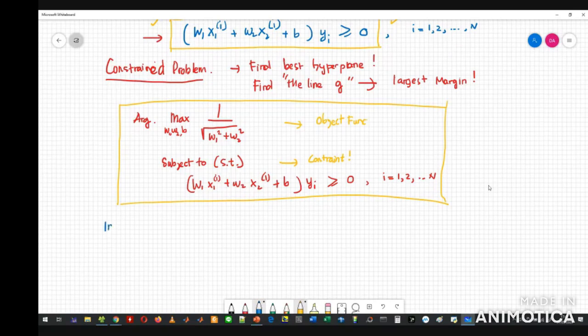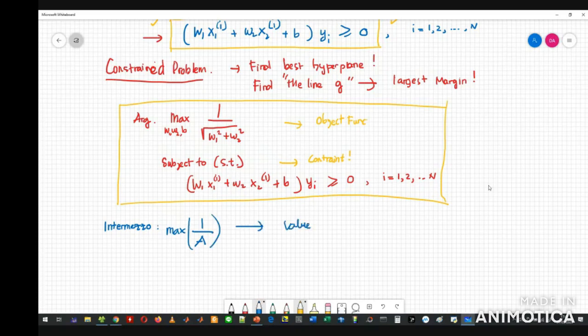To that end, I would like to remind you, or make a simple analogy. If we have 1 over a, and we would like to maximize this, what does it mean?